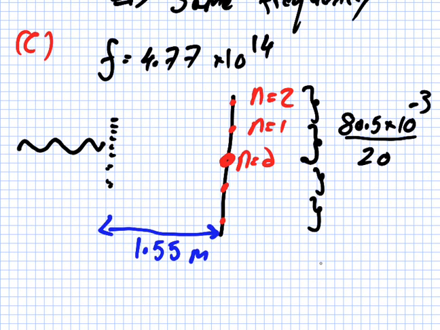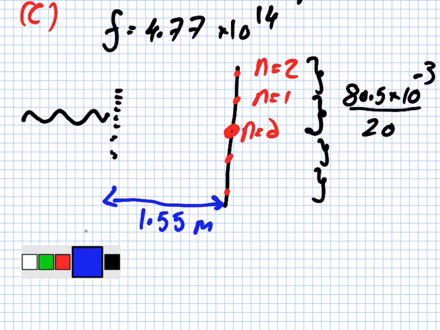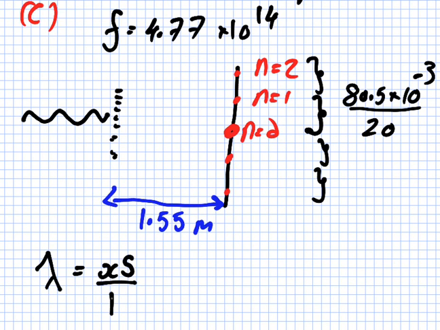So we have our formula, don't we? What's our formula? Lambda equals X over D. Hold on, guys.